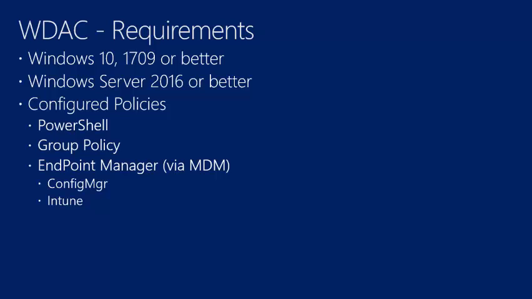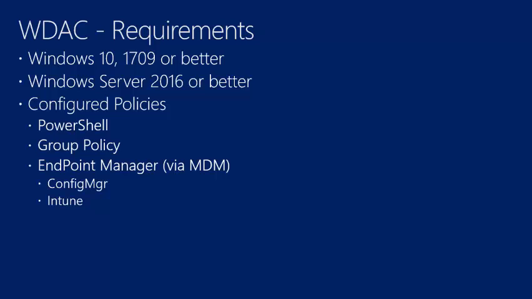And then you need policies that are configured and deployable to the environment. And so there's, again, multiple ways to configure Windows Defender Application Control. One of them is through group policy, right? There's also Endpoint Manager, which we're talking about here, which could be Configuration Manager or Intune. You can configure things with PowerShell. There's also a tool that I will mention near the end of the discussion.